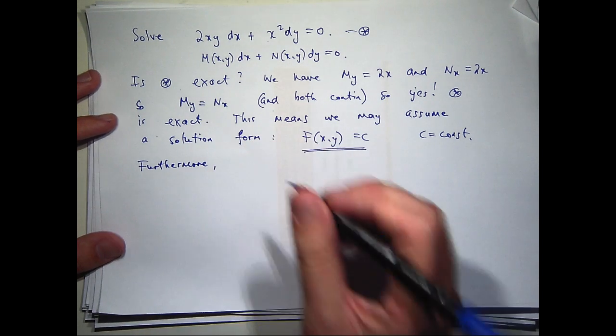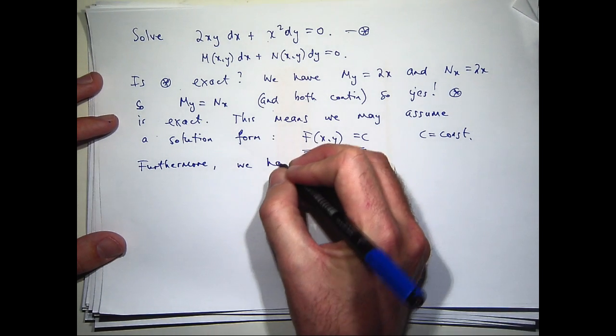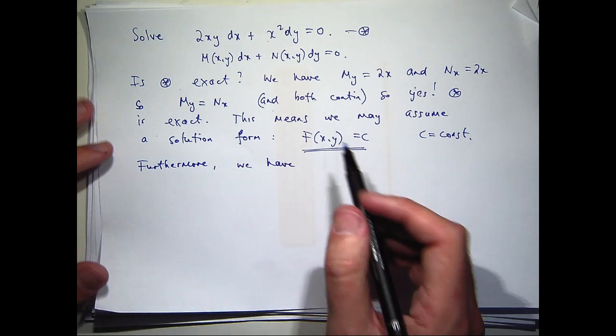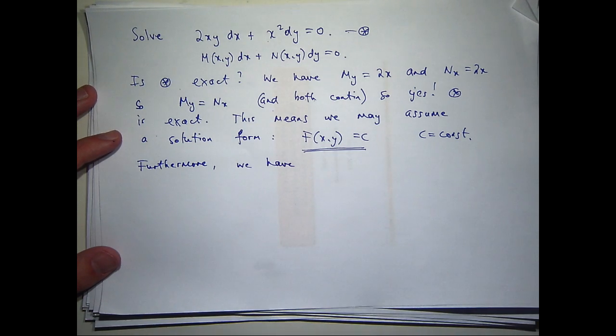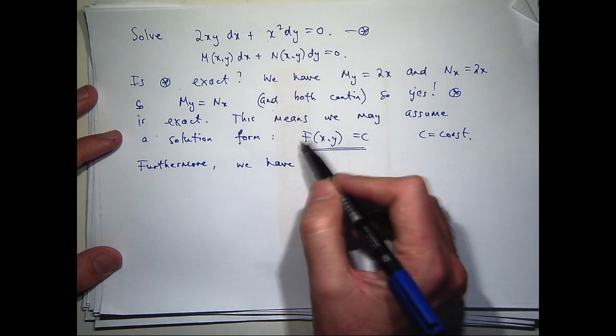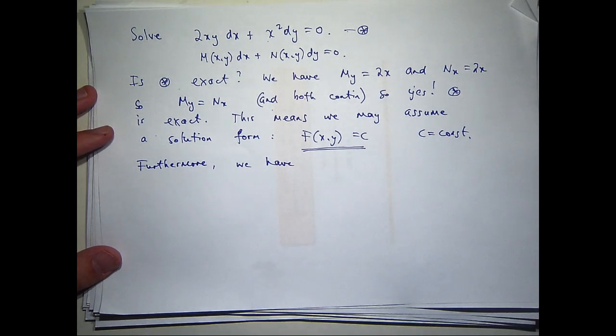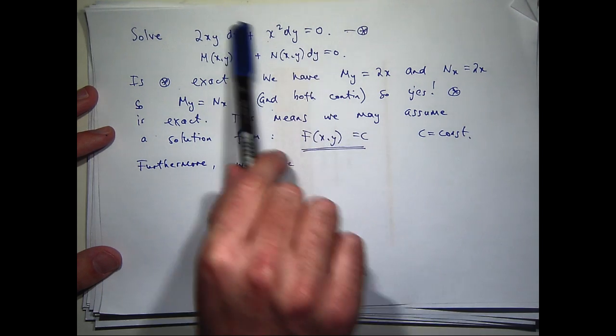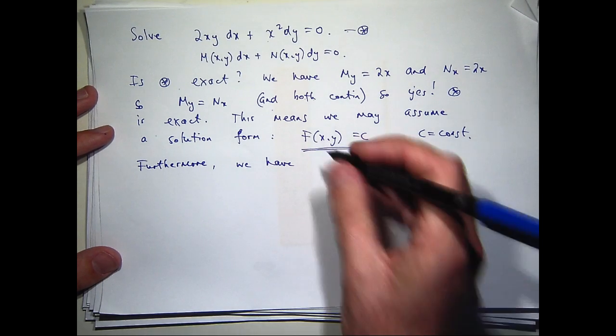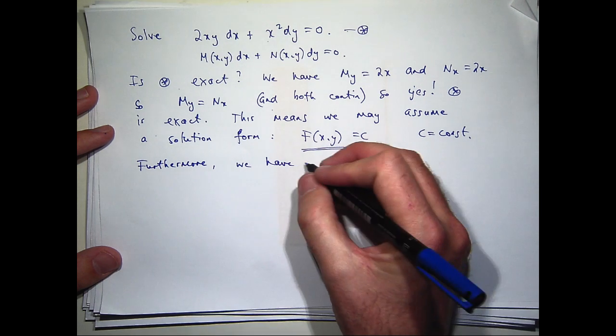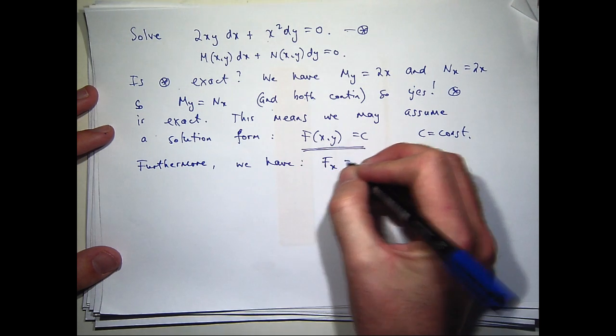Furthermore, we have the following. Just via the chain rule, if I differentiate both sides of this expression with respect to x and line it up with this one, we can make the following conditions hold.